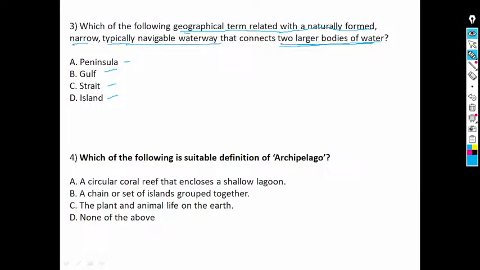Naturally formed, narrow, typically navigable waterway connecting two larger bodies, particularly it is strait. Answer is your C. Strait. ठीक है?